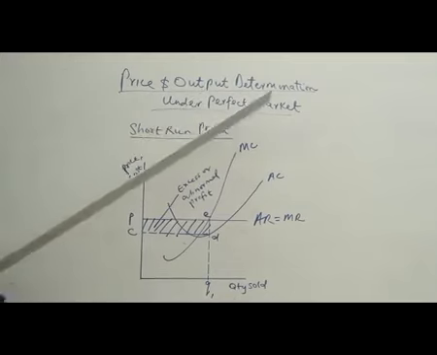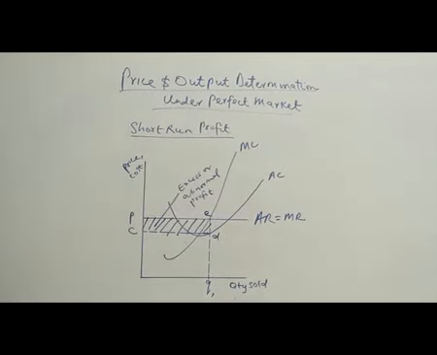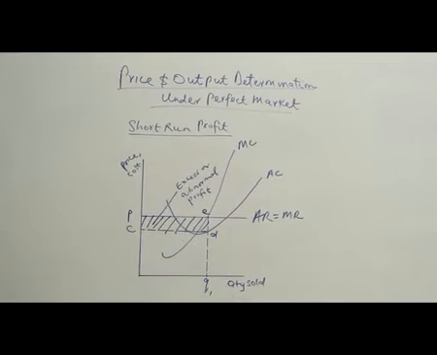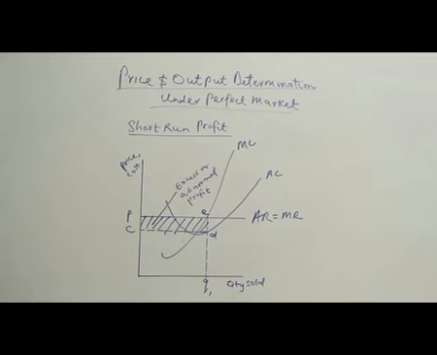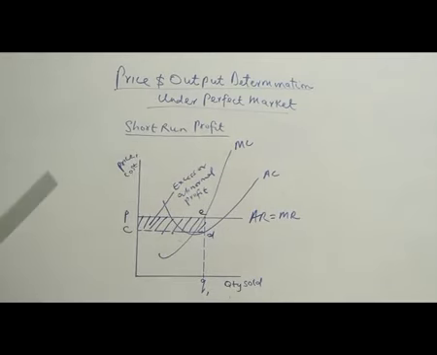Price and output determination under perfect market. We are going to analyze three cases under this analysis: short-run profit of a perfect market, long-run profit of a perfect market, and a period when the firm will be asked to shut down. When we are talking about short-run profit under perfect market, we are talking about a situation where a firm is able to make excess profit or abnormal profits in the industry.